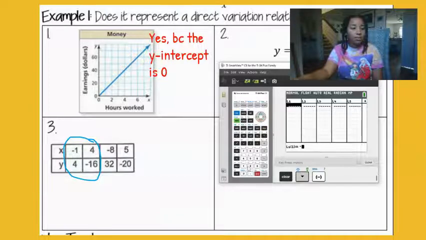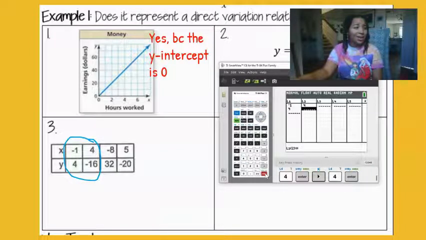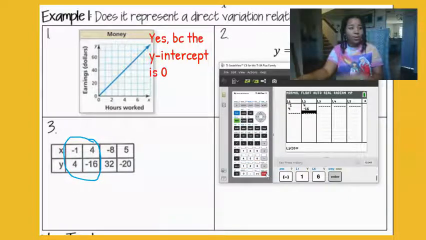Okay, -1, enter, 4, enter. Next. Then I'm going to do 4, enter, and then -16, enter. There we go.